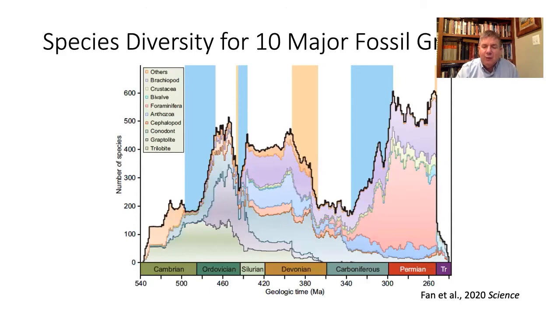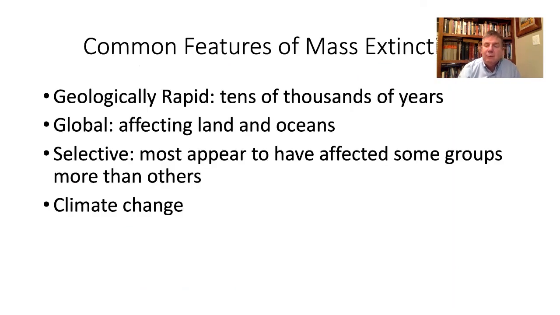During these events, we know that they're selective in different ways. Some taxa are more likely to go extinct than others. The reasons for this selectivity are not always clear. Often they seem to have to do with metabolism, with geographic range, or other factors, but they do provide clues that are important for understanding the nature of these mass extinctions.